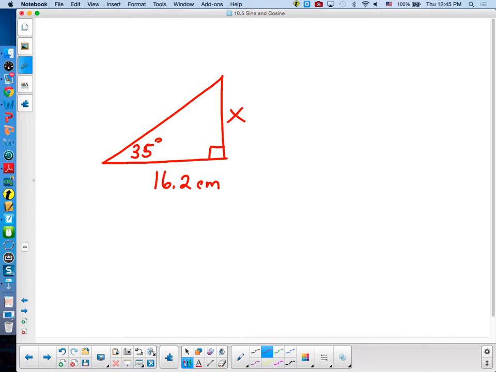We've decided on sine, so the opposite leg would go on the top. And then the hypotenuse has to go on the bottom, but we don't know the hypotenuse. It's not sine now.